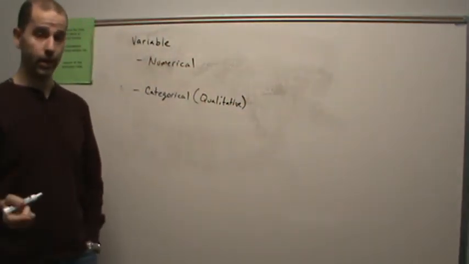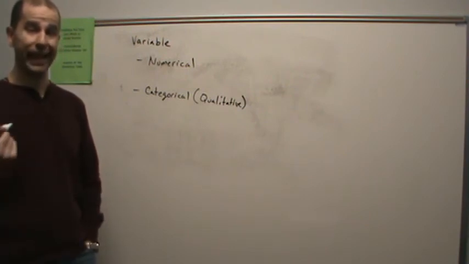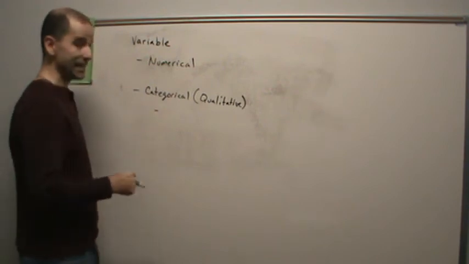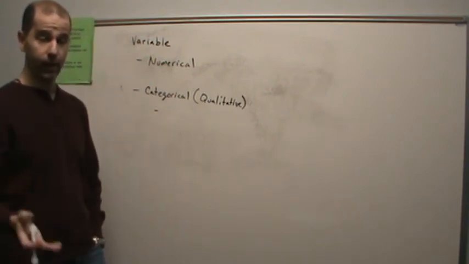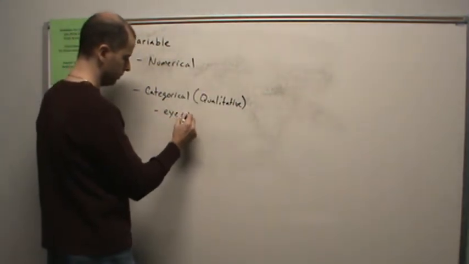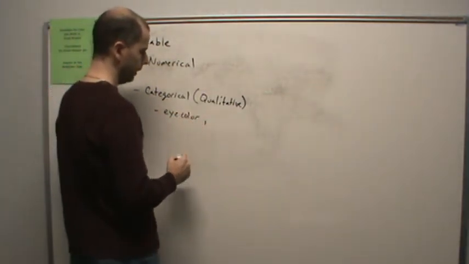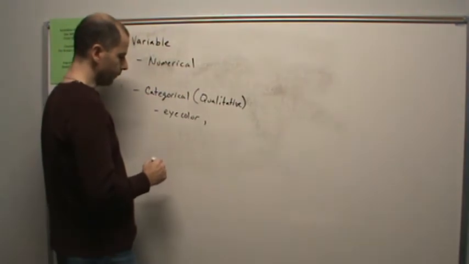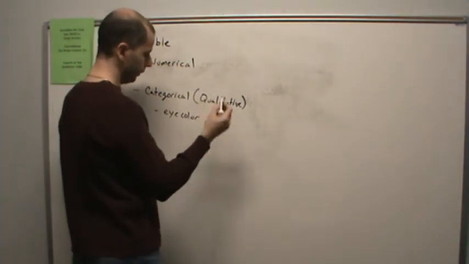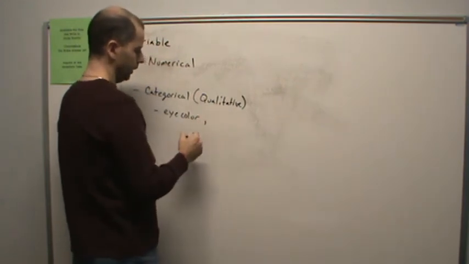What kind of quality something has, or categorical, what category does it put in? So categorical data would be data that's non-numerical. So this would be examples like eye color. What else? Well, hair color, I mean any kind of color.